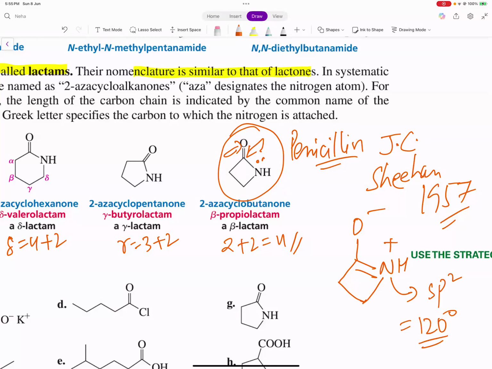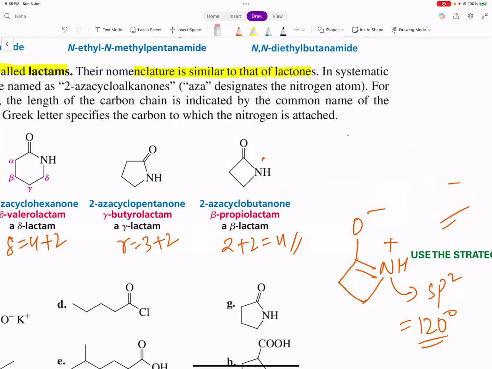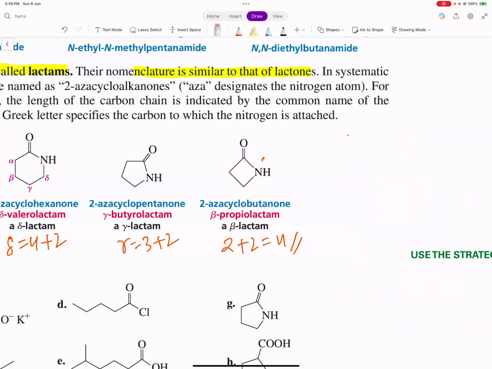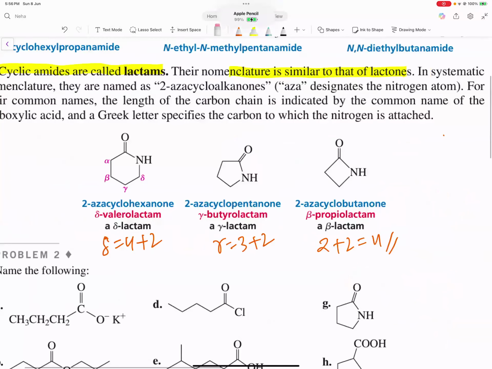Oh my God, from where will I bring it? So this square will no longer be a square. That is why it is extremely reactive. None of our concern for the moment, but we are going to come back to this. This was a very important component for that.